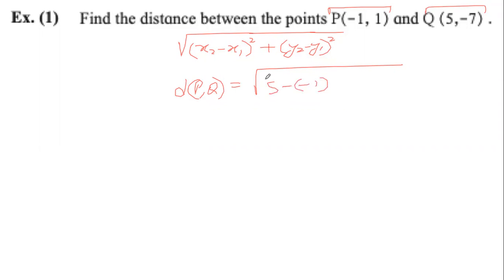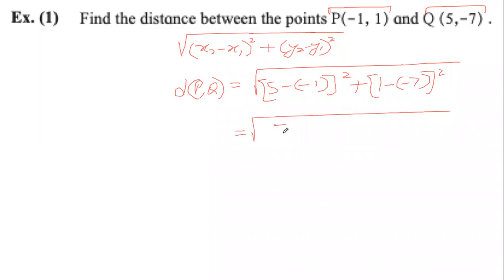Tushar, here is where you got it wrong. Square plus, now between 1 and minus 7, 1 is bigger. So I will take 1. Minus minus 7 square. You see, I have changed the order. I have taken x2 minus x1, but then I have taken y1 minus y2. Doesn't matter. Then square root of 5 plus 1.